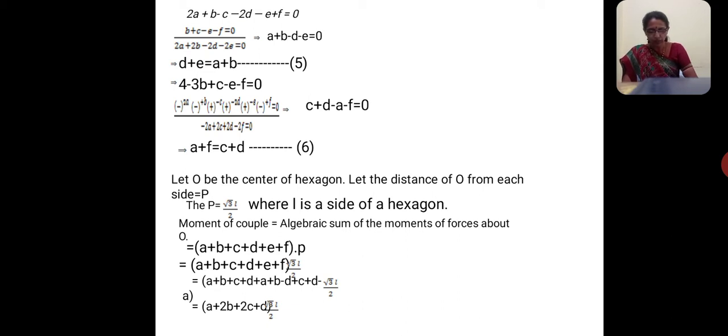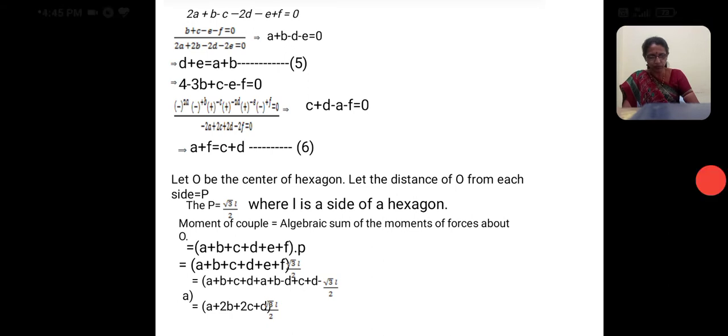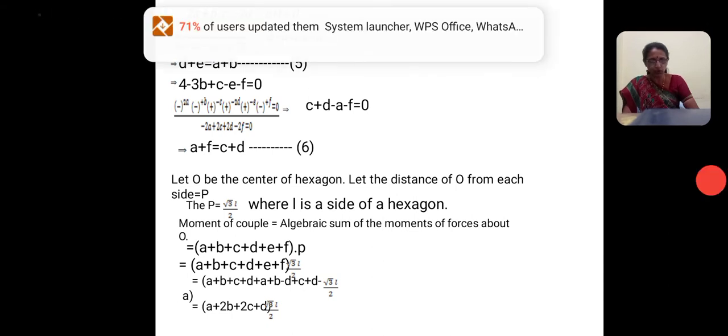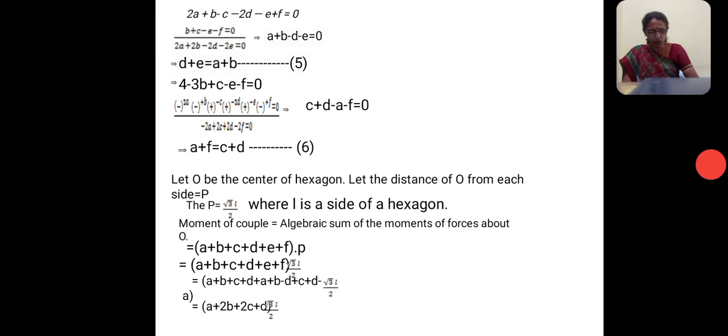Minus C plus C get cancelled, plus F minus F get cancelled. The remaining terms are 2A plus 2B minus 2D minus 2E equal to 0. That implies A plus B minus D minus E equal to 0, that implies D plus E equal to A plus B. This is called equation number 5.